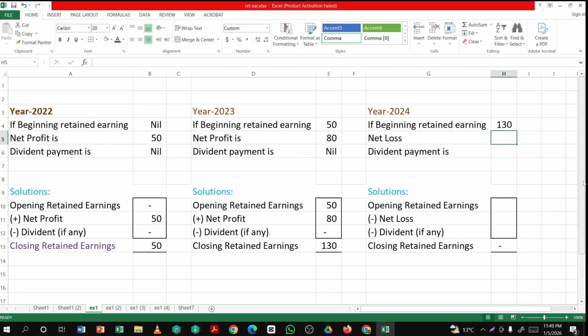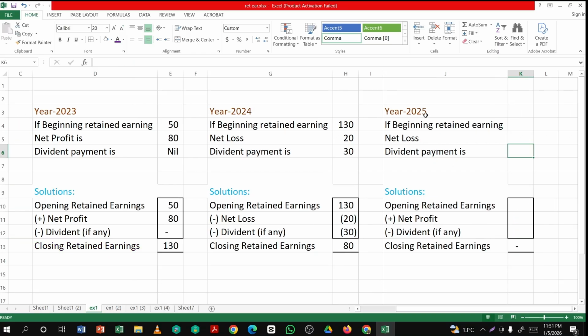If net loss is 20, dividend payment is 30, then the solution will be opening retained earnings 130, net loss minus 20, dividend payment minus 30. So closing retained earnings will be 80 in 2024.